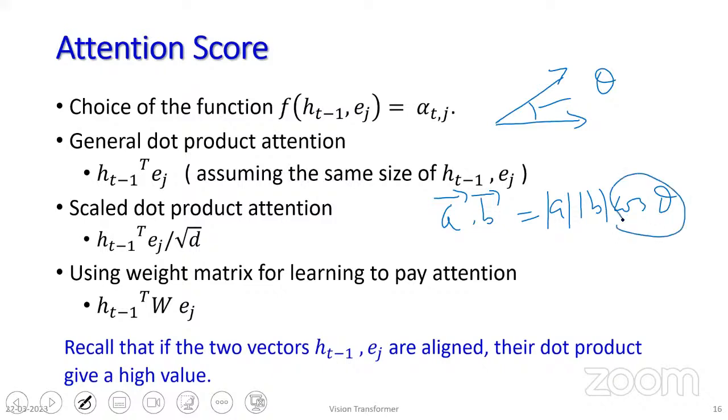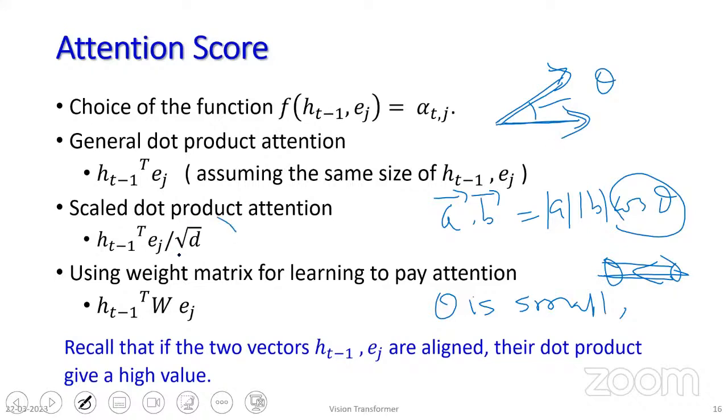The cos of the angle will be higher if theta is small. So if the two vectors are aligned in the same direction, one can interpret that they have some kind of relationship, and therefore the attention score should be higher, right?